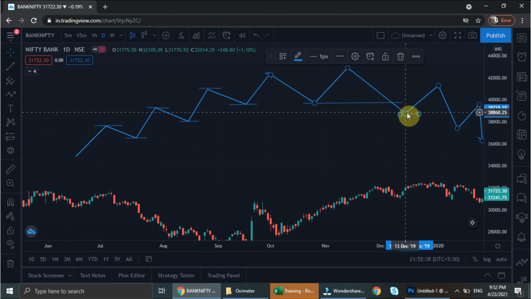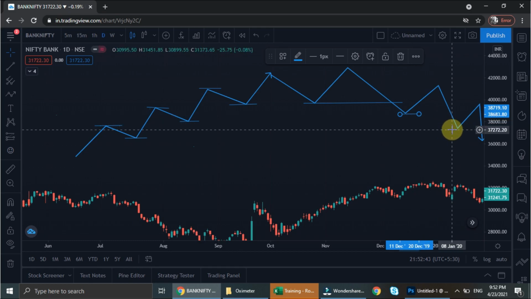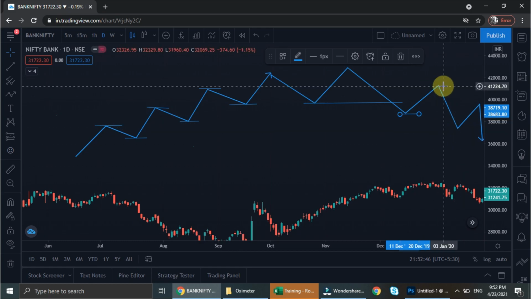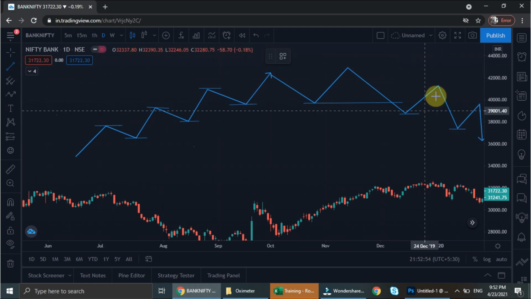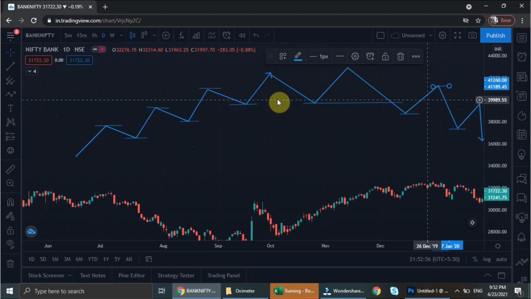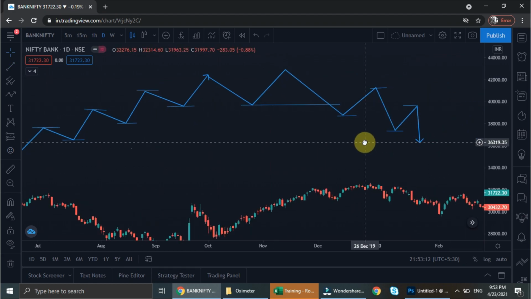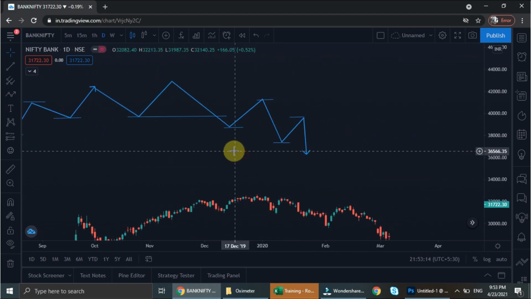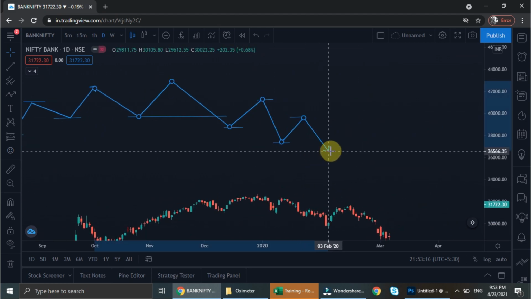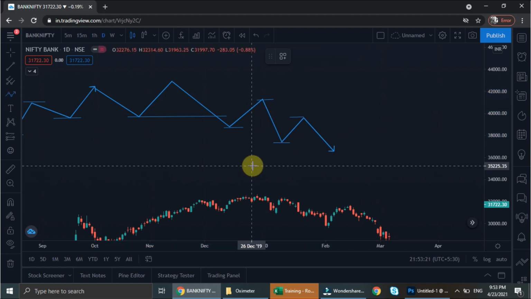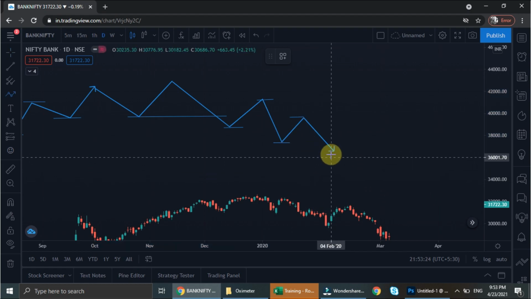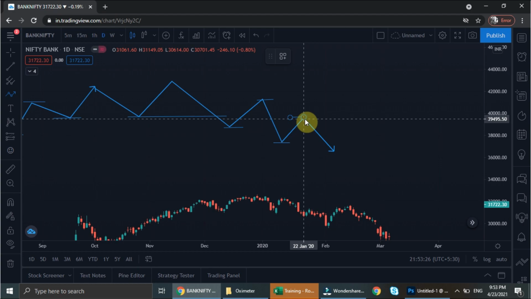From here we call it a downtrend, and these swings we call lower lows, and these swings we call lower highs, lower low and lower high, lower high. Then again, until the previous lower high breaks, there is no change in the direction of the trend.